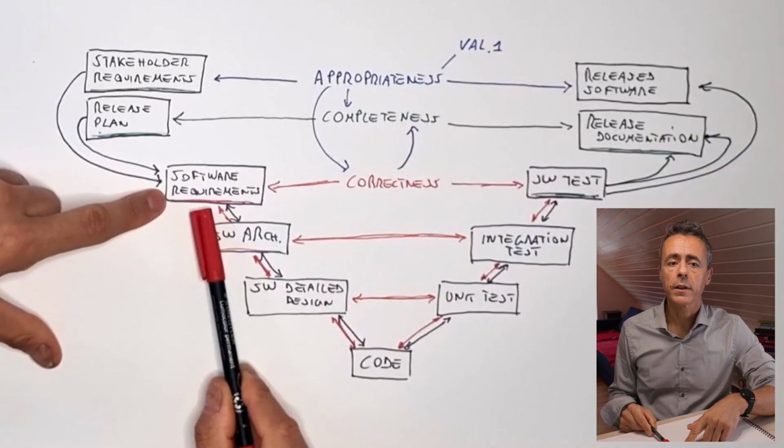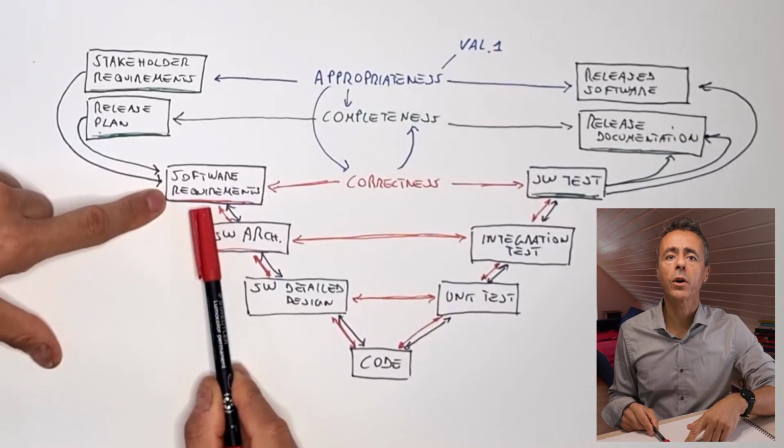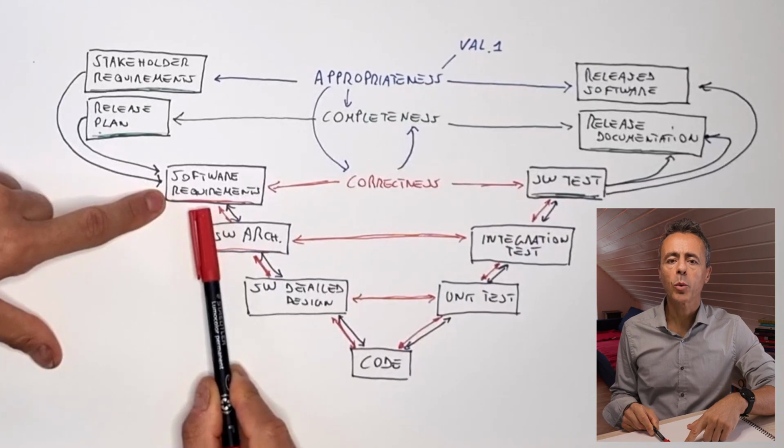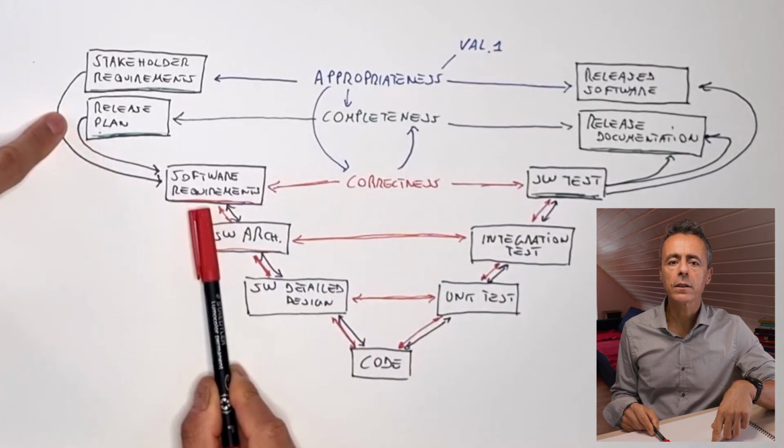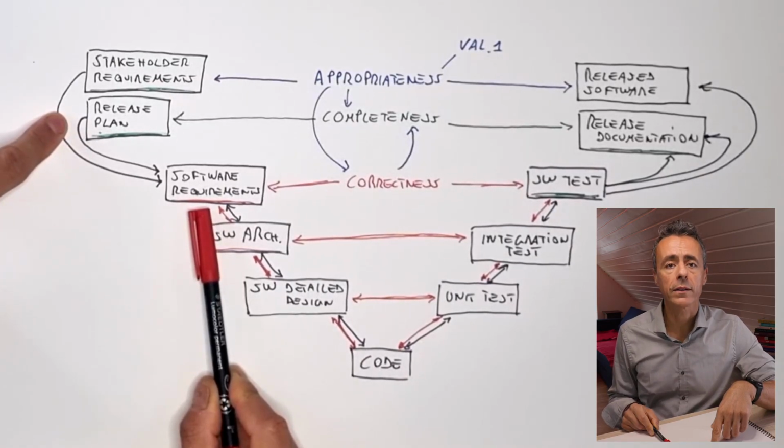For software requirements, you have to ensure completeness and correctness of your requirements. This means showing that all software requirements are linked to upper level requirements such as stakeholder requirements, and that these links are correct and complete. Nothing is missing, nothing incorrect. Review records are needed to support correctness.